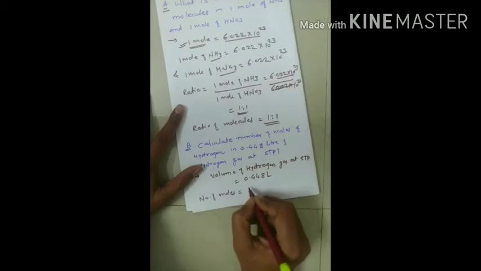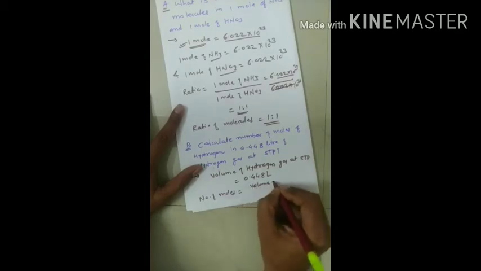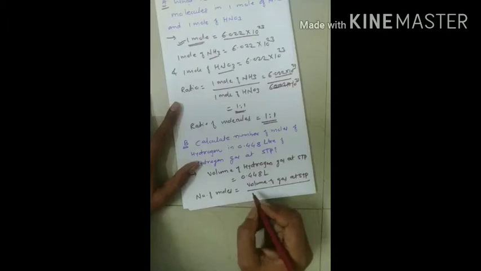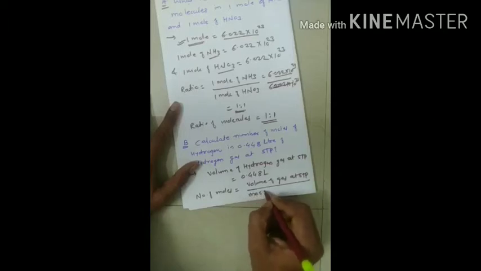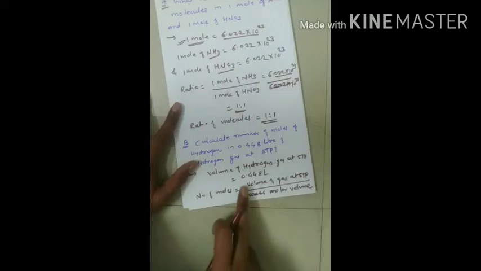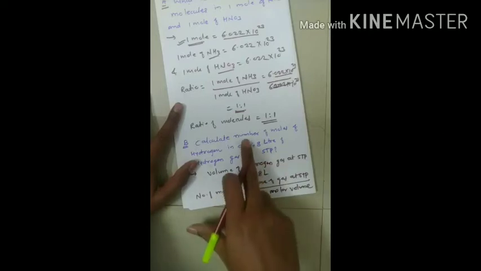Now we all know the formula: number of moles equals volume of gas at STP divided by molar volume. If we know these two terms, we can easily get the number of moles, and that is what we have to calculate.